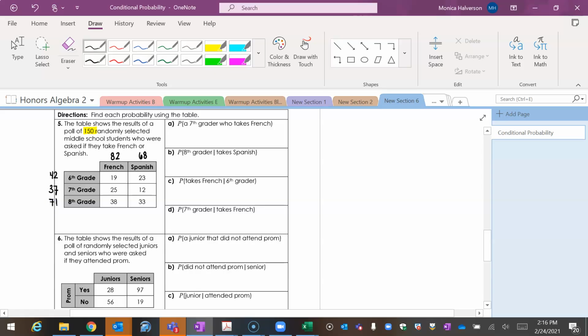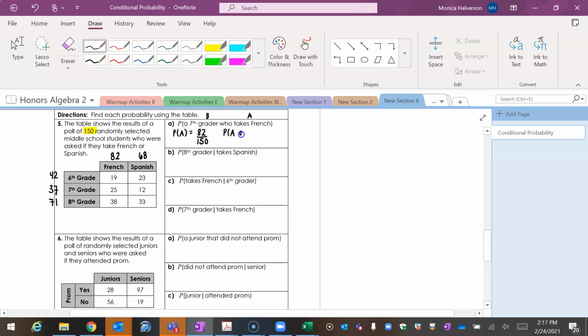All right, so A, what is the probability of a seventh grader who takes French? We know that this is our A and this is our B. So our probability of A is that they take French, and we know that that's 82 out of 150. Now the next question is how many are seventh graders and take French?